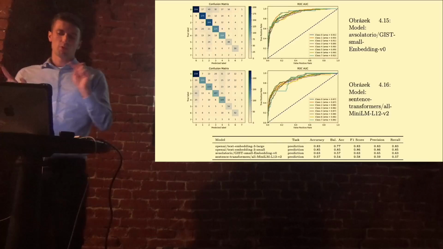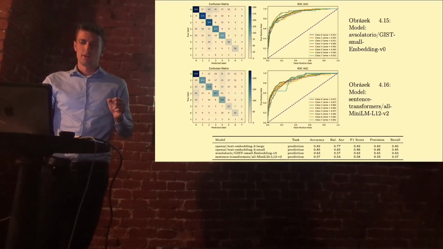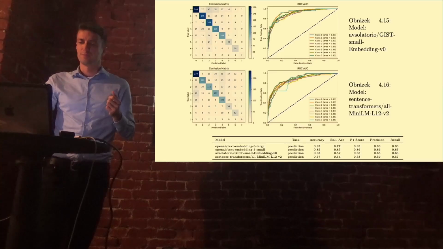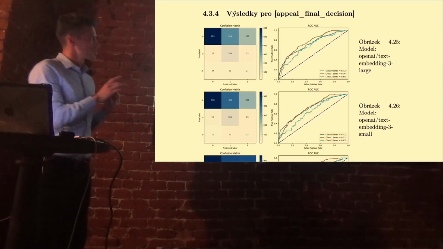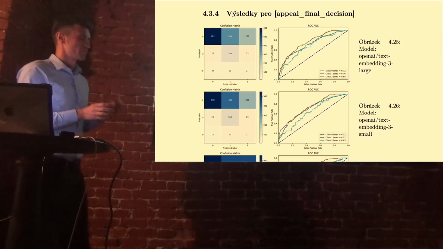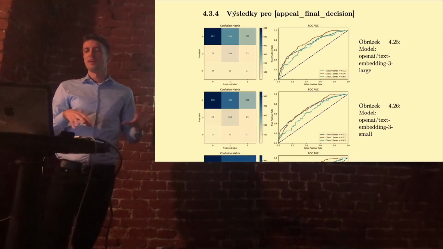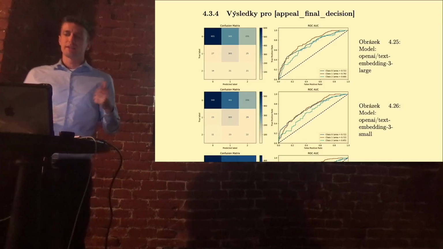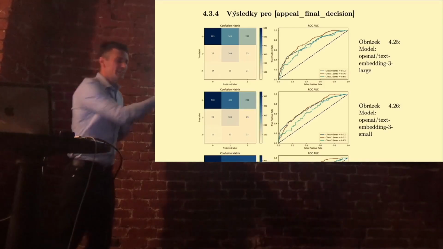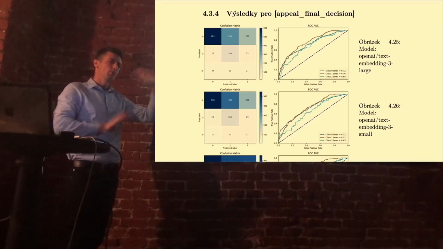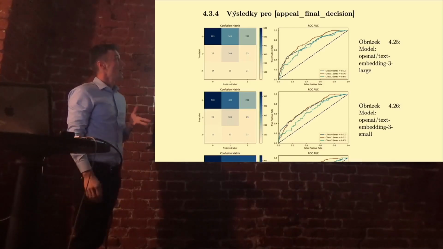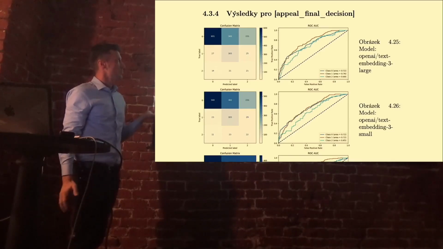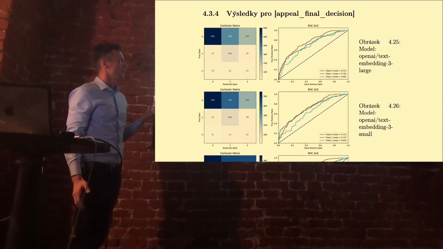The open models were much worse than OpenAI. Well, and this is what was really interesting. When I put the data in, and I wanted to predict what's going to be the next decision, we have no information how the next court is going to decide, and actually there was a pattern.